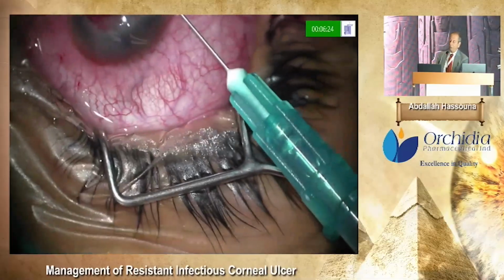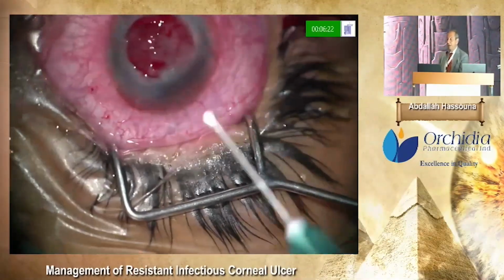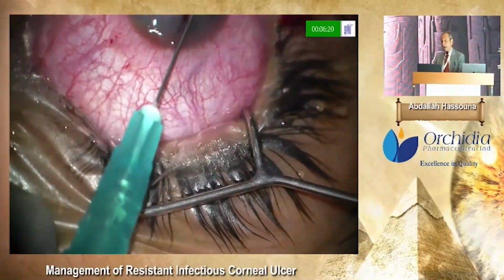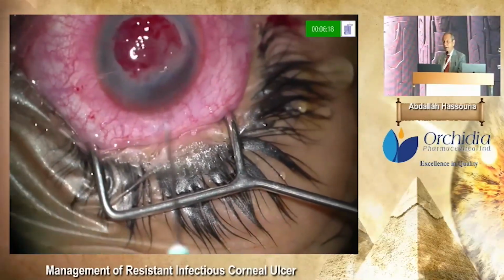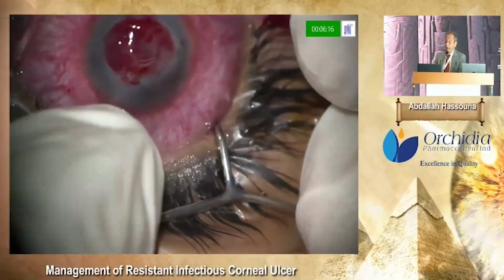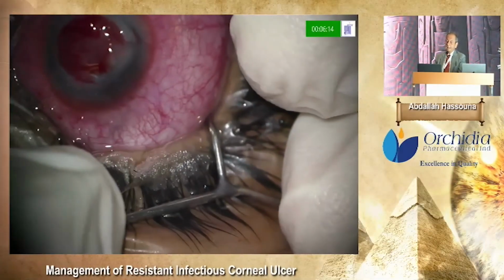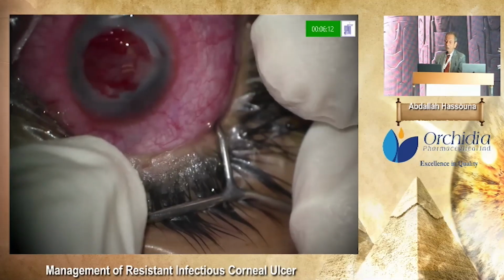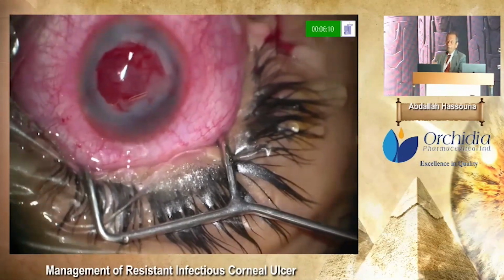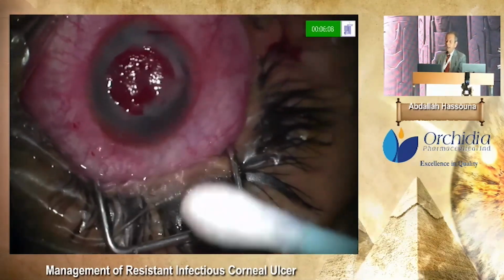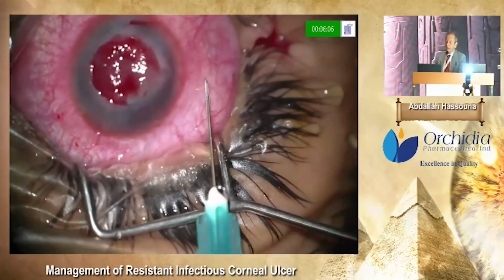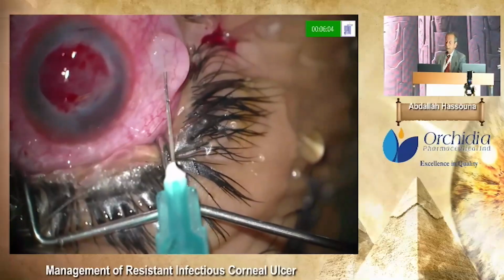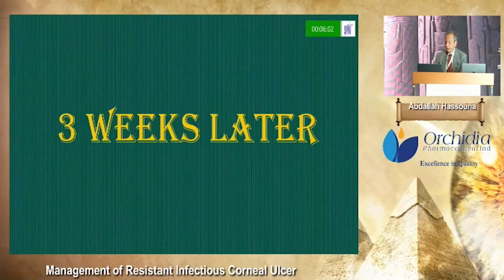Even if you perforate, the concentration of the medication we are using is the same as the intracameral injection. As you see, we go all around, and the end point is the blanching that you see. Then we injected a small amount of dexamethasone.